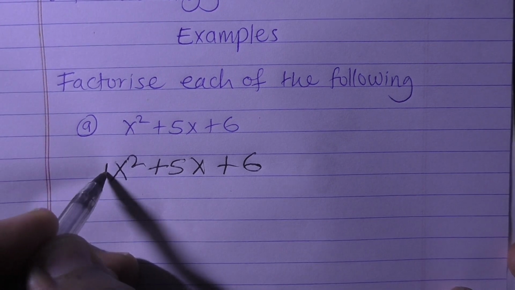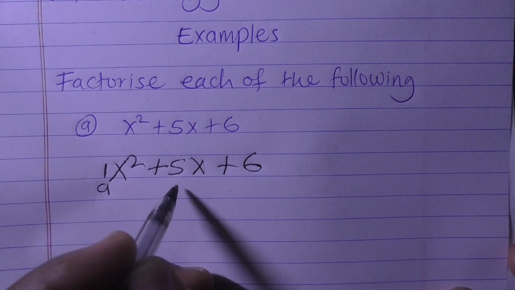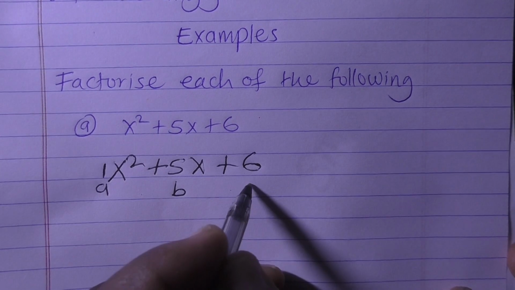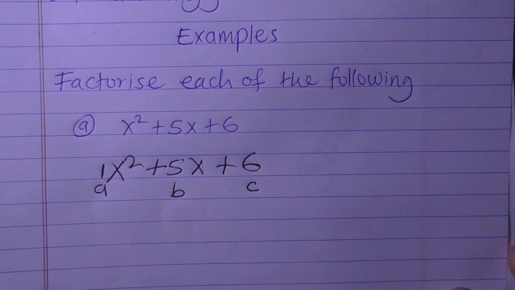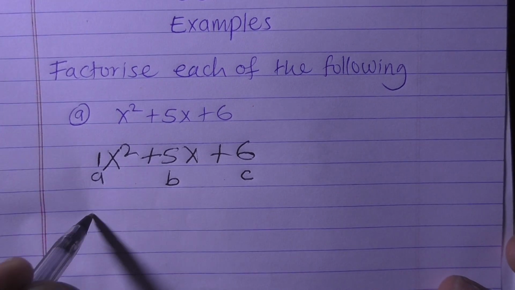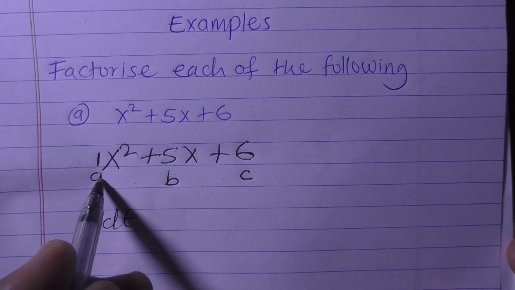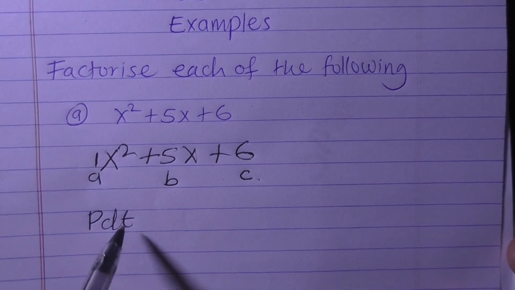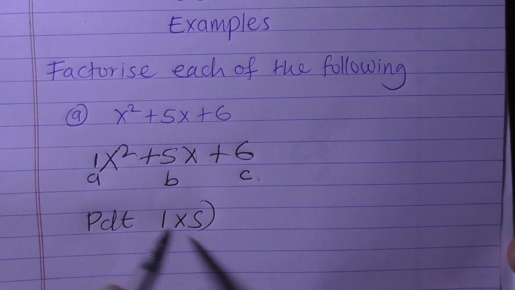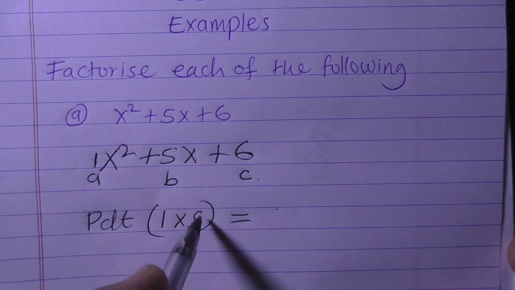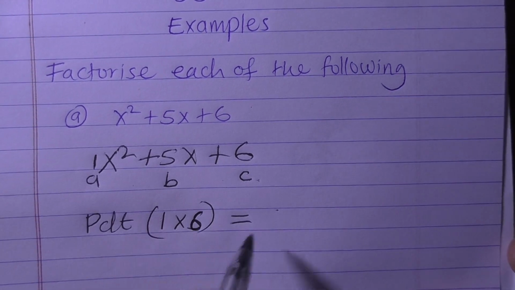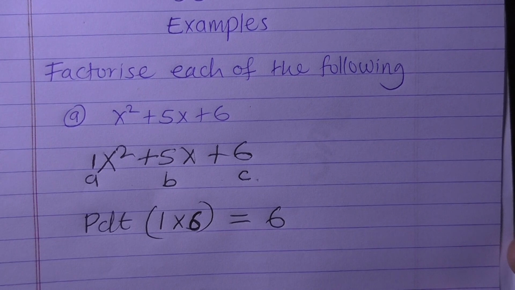There is a silent one here which is representing A. This one is representing B. This one is representing C. So we get the product, which is A times C. A is 1, times 6, getting us a 6.